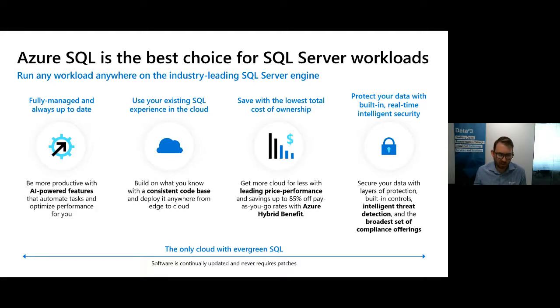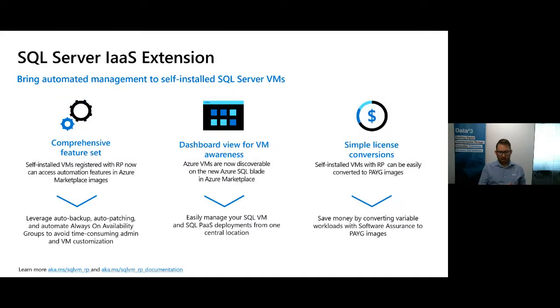So when we think about modernising as a lift and shift motion, it's very easy to think, okay, well, it's just running SQL in the cloud, so what do I get, other than maybe I don't have to worry about my data center deployments, I can just run in the cloud, and maybe it's close to the application.